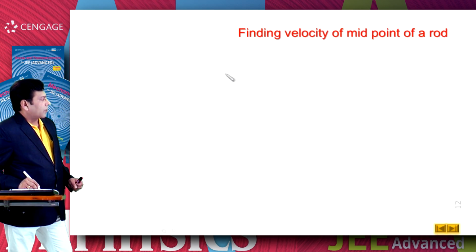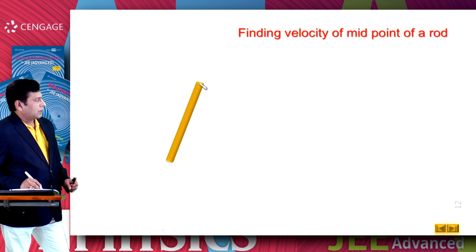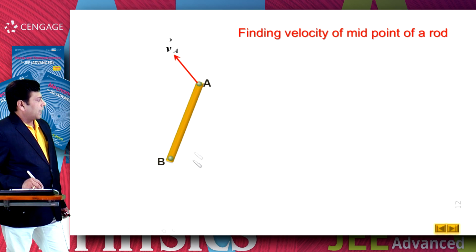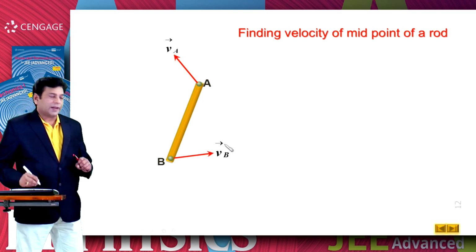So let us make a rod here. Here you can observe the rod with points A and B, and A is moving with the velocity vector VA and B is moving in this direction with the velocity vector VB.